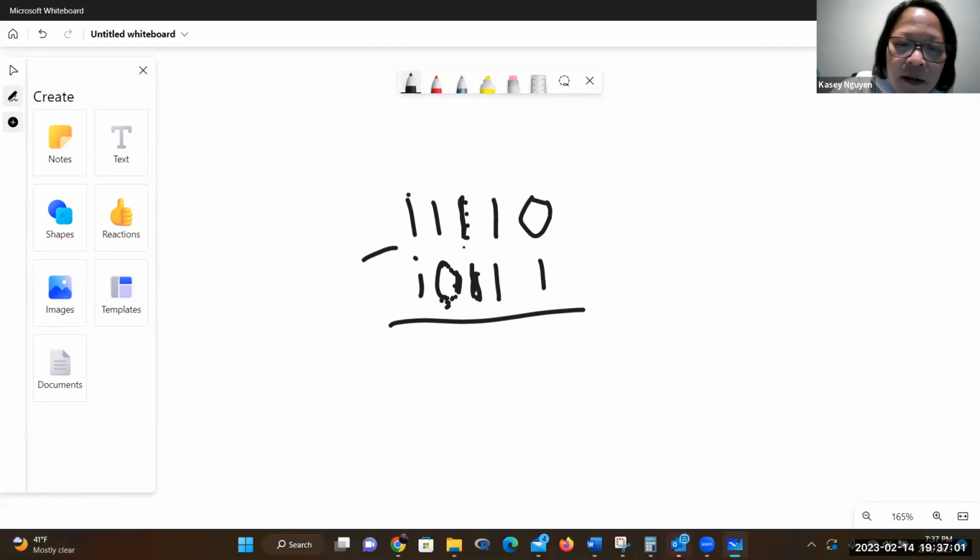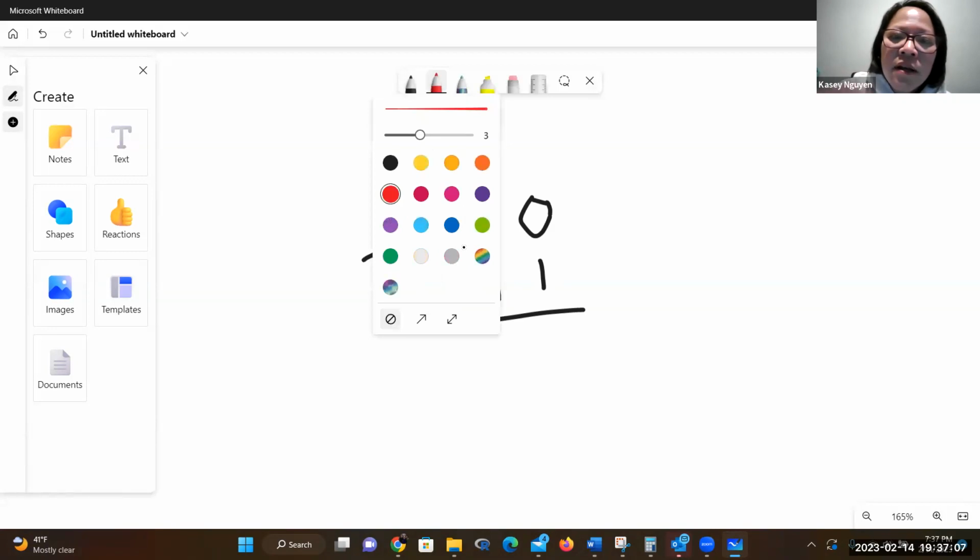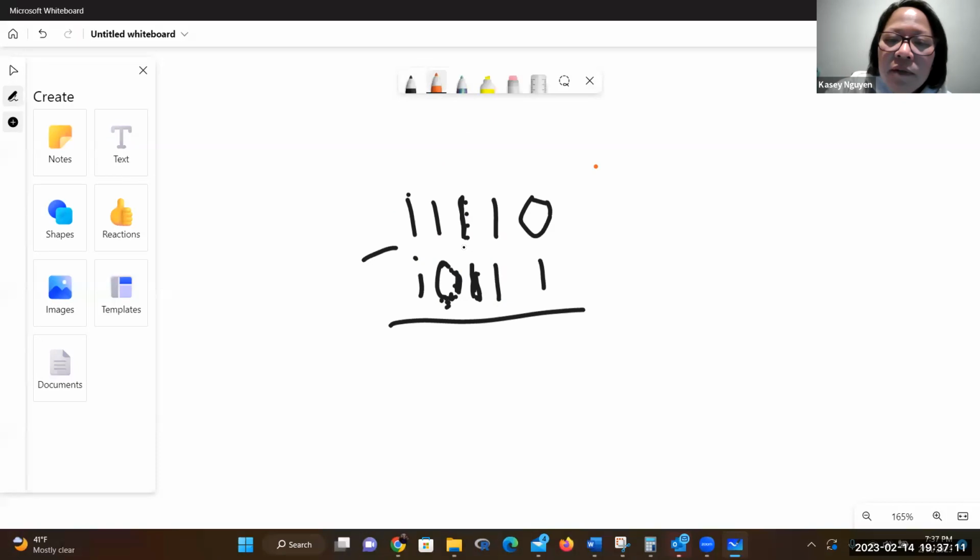As we learned, when we subtract a 1 from a 0, we have to borrow 1. We're going to start with this. So 0 minus a 1, right? We know that it's a 1 with the borrow 1.